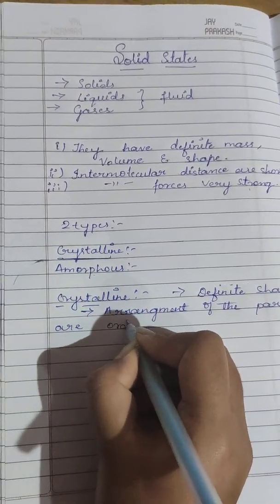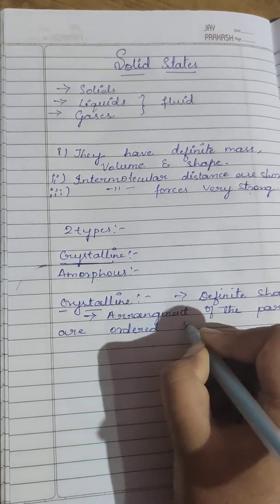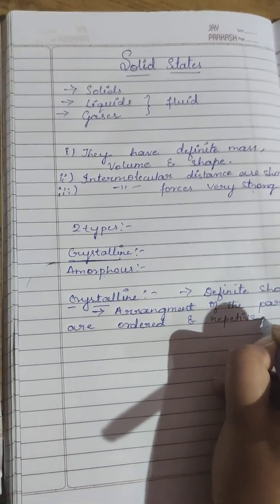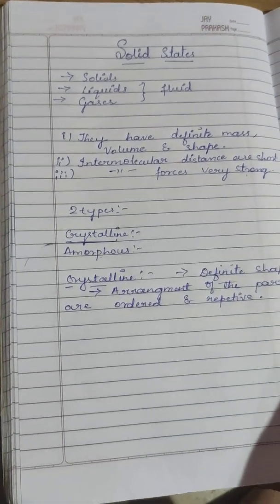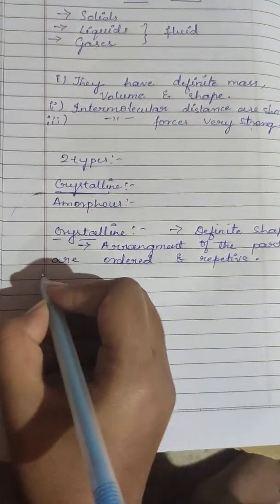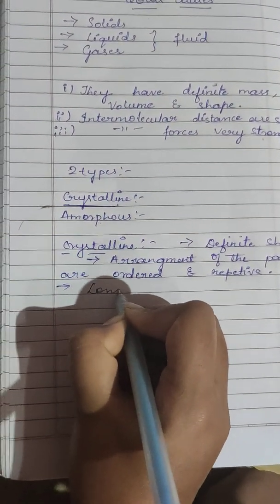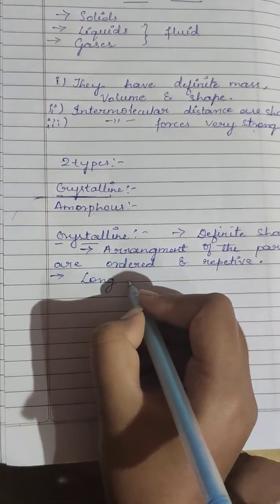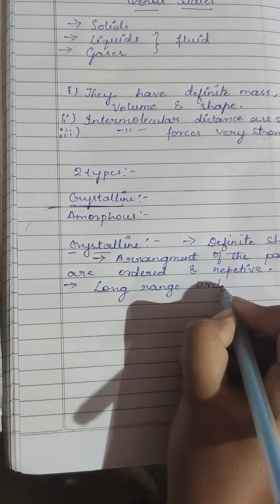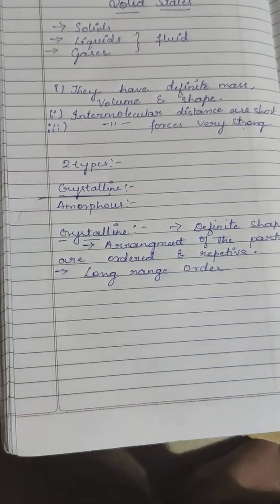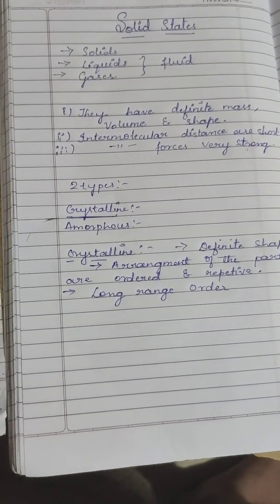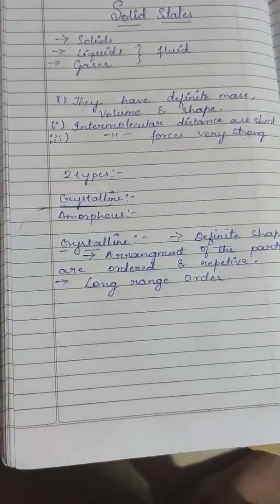The arrangement of the particles is ordered and repetitive. This can also be called long range order. What do we mean by this? Long range order is the regular pattern of arrangement of particles which repeats itself periodically over the entire crystal.